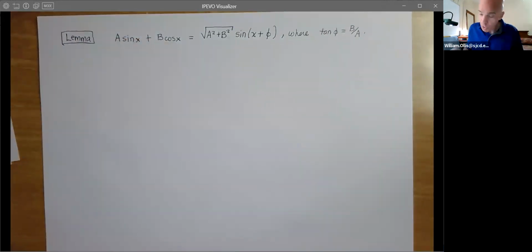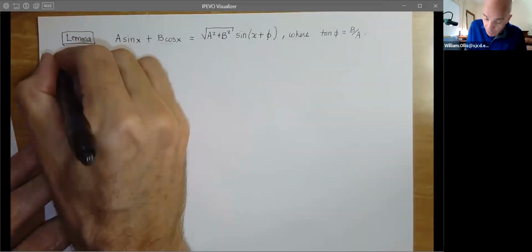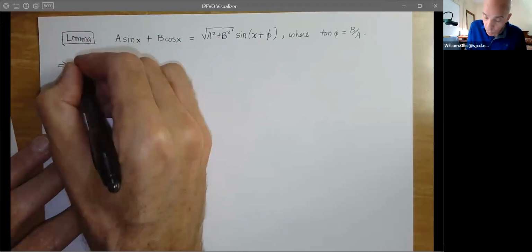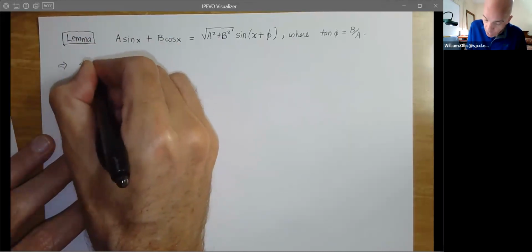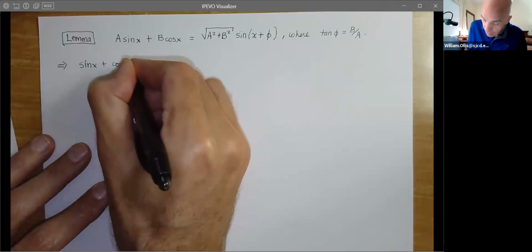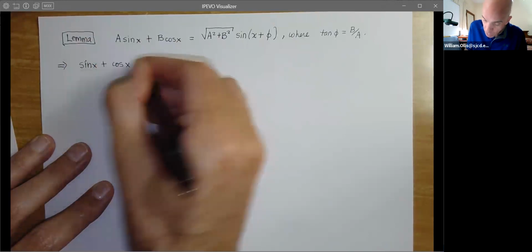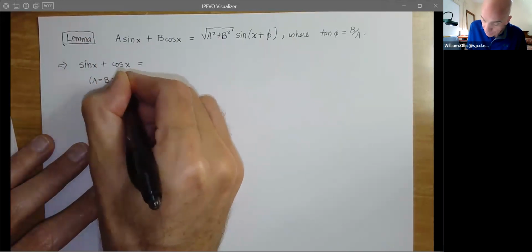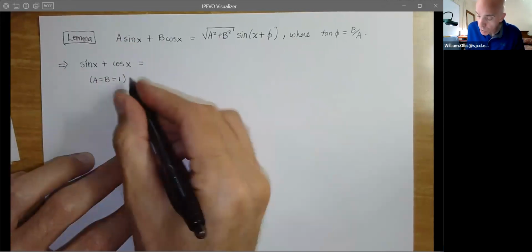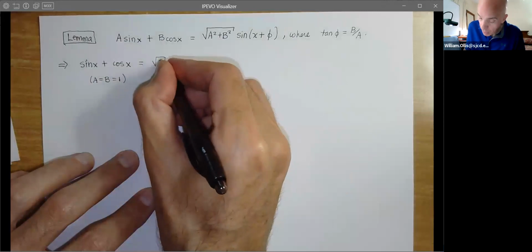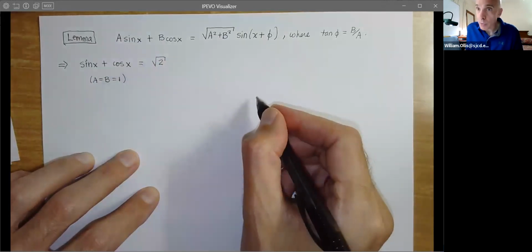And so with that said, here's an example. Let me go ahead and apply the lemma for this example. So we'll take a and b equal to 1. We talked about this the first day. In this case, a equals b equals 1, and so of course here we get the square root of a squared plus b squared, which will be the square root of 2.